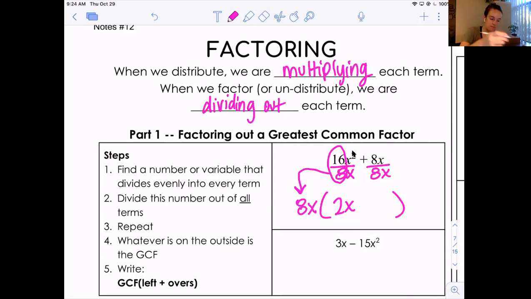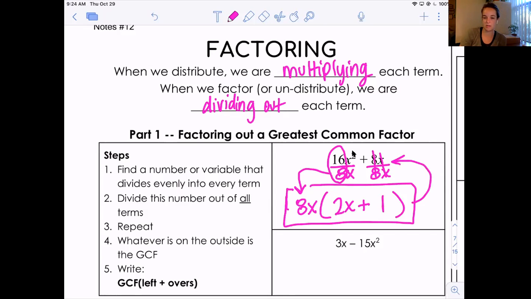Then I have a plus sign, and 8x divided by 8x cancels, which leaves positive 1, because 8x divided by itself is 1. So this is the factored form of the 16x squared plus 8x that we started with.